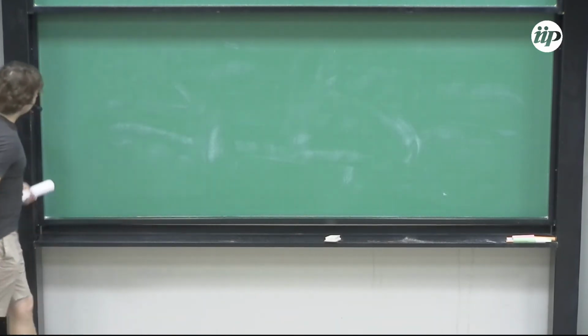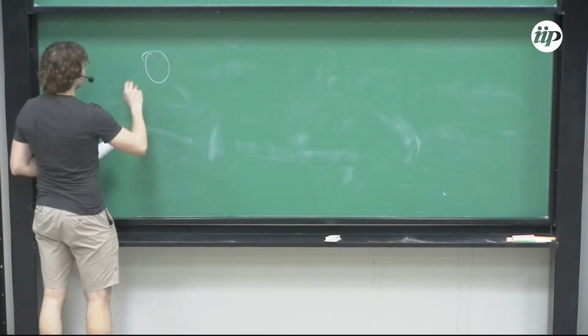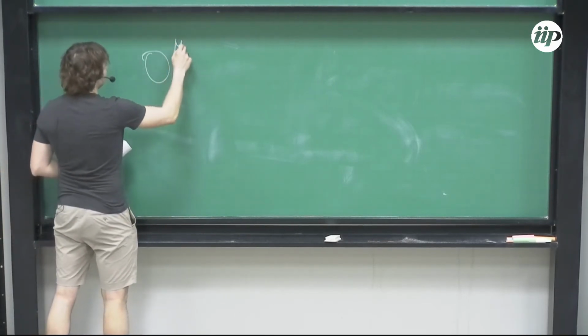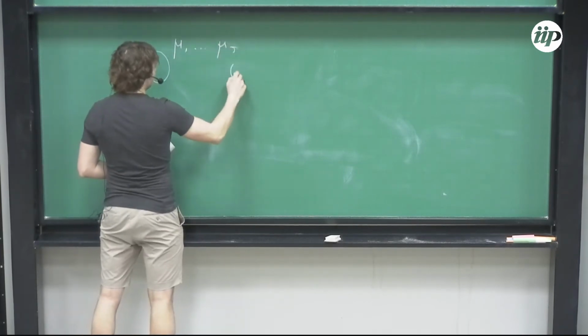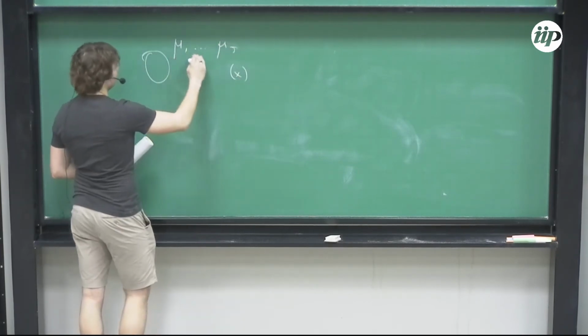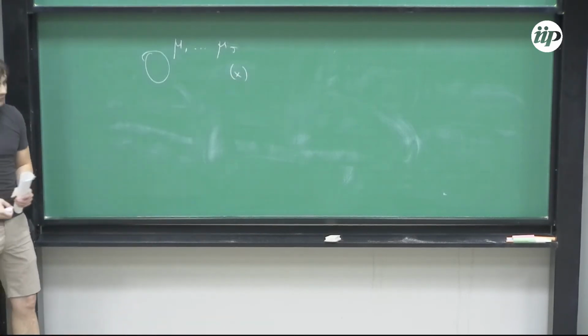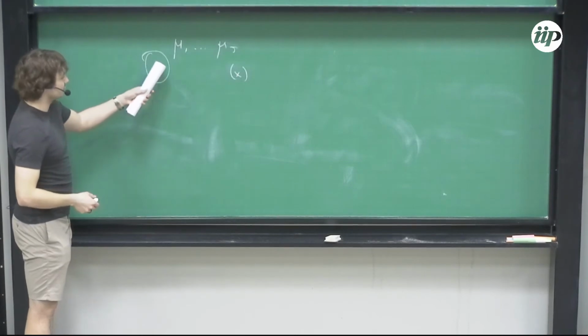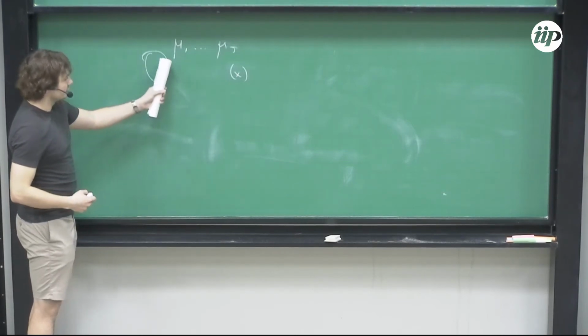Usually, let me focus for simplicity on traceless symmetric operators. A traceless symmetric operator with integer spin j is a function of x which carries j indices mu1 to mu j. It's symmetric in these indices, and it's traceless. And we want to somehow generalize this description to non-integer spin j.